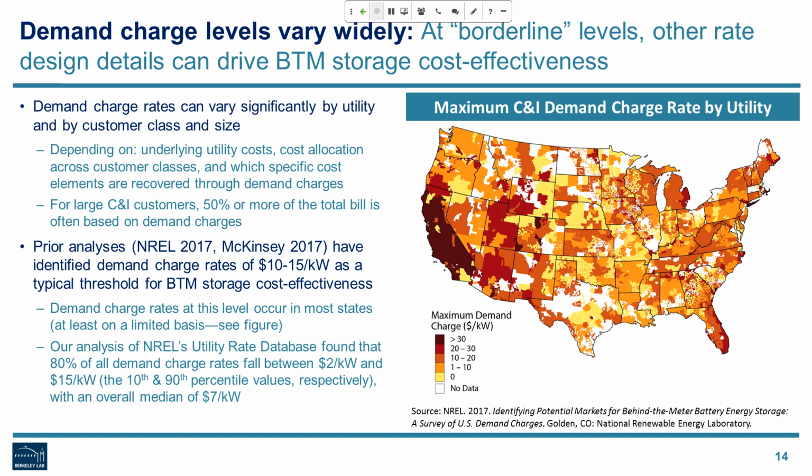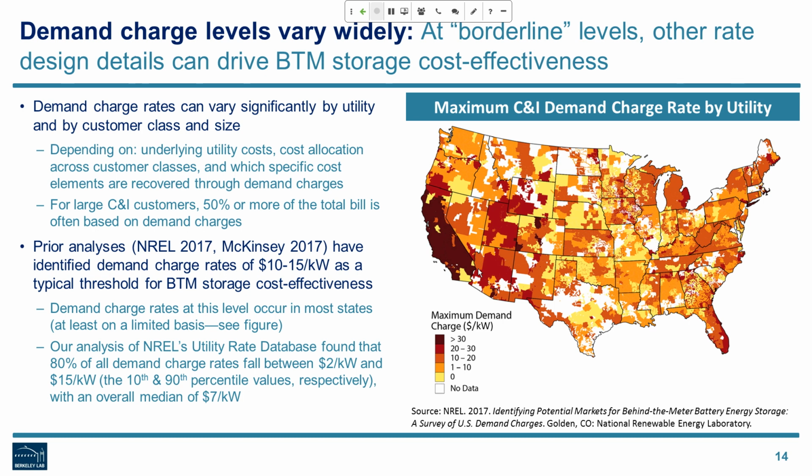Prior studies looking at the demand charge levels throughout the country have identified demand charge rates of $10 to $15 per kilowatt as a typical threshold for behind-the-meter storage cost-effectiveness, but this is really going to depend on the cost of storage, which still varies greatly and is falling fast.